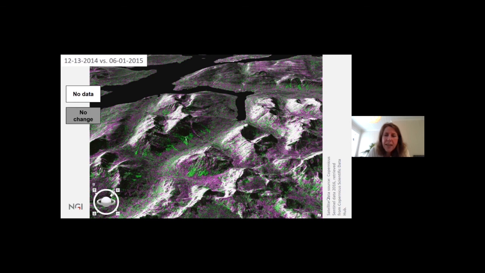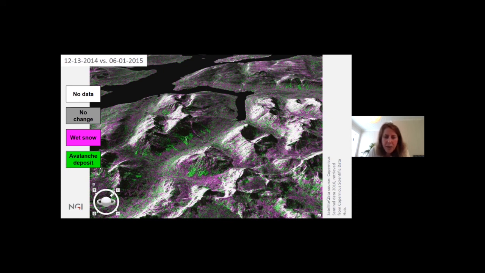The gray areas, that's where we have no change between the December image and the January image. The purple areas is where we have wet snow. So the snow got wetter between the December image and the January image. And finally, the green area, as I said, that's what we are interested in.